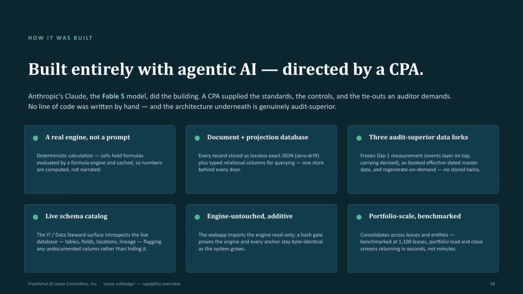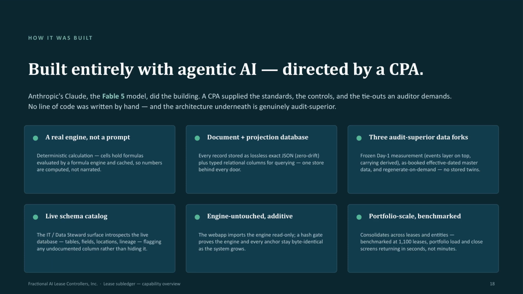A word on how it was built, because it's the part people don't believe at first. This was built entirely with agentic AI, Anthropic's Claude, the Fable 5 model, directed by a CPA. No line of code was written by hand, and the architecture underneath is genuinely audit superior, a deterministic calculation engine where cells hold formulas, not narrated numbers.